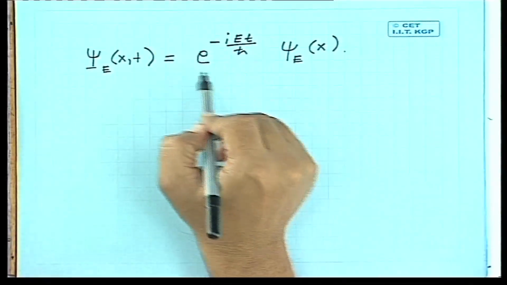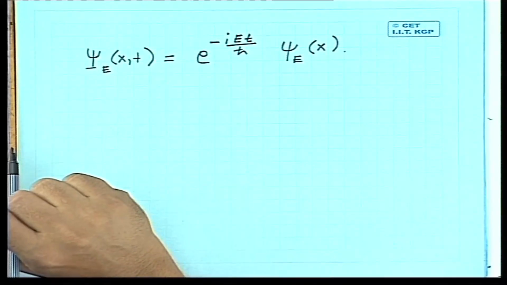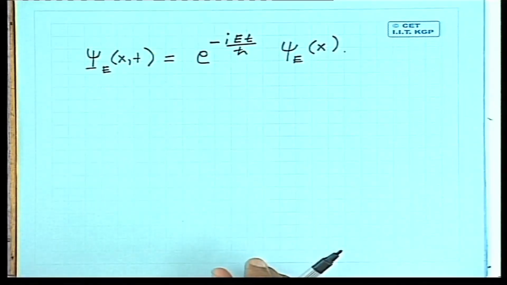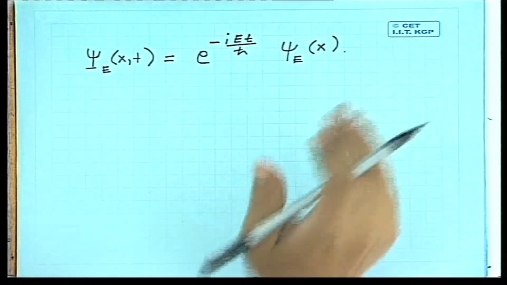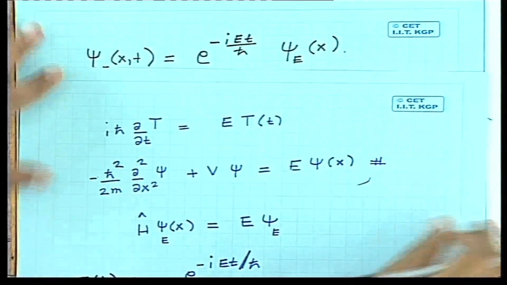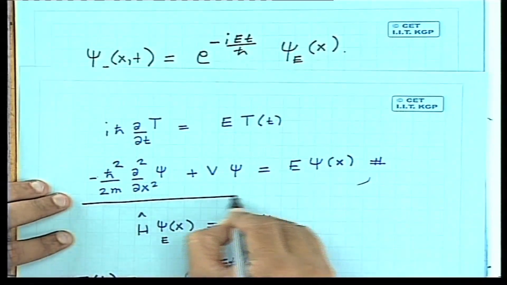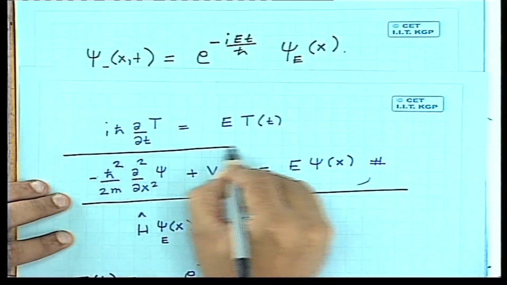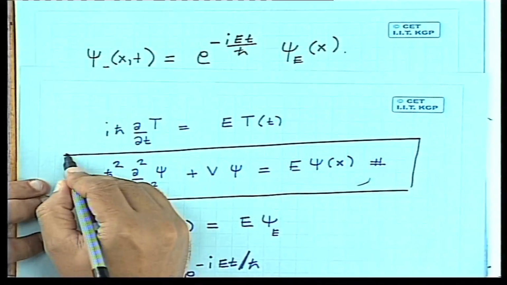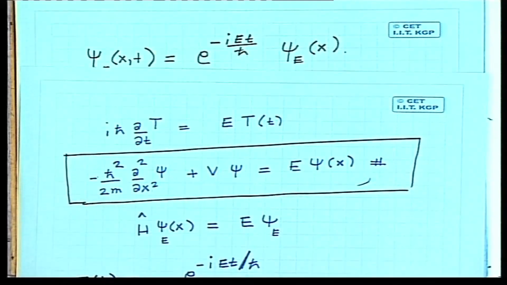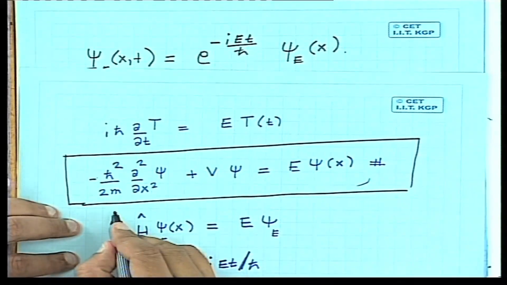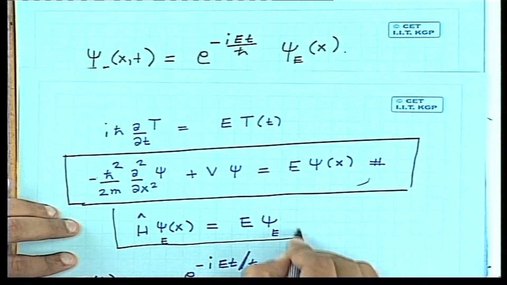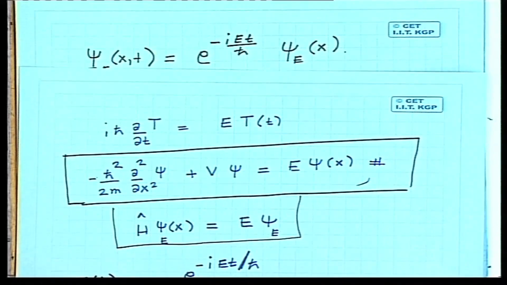The time dependence has been solved, and now we are left with a time independent equation, which is this equation here, which is also this equation here, which will give us the eigenfunctions of the Hamiltonian operator.